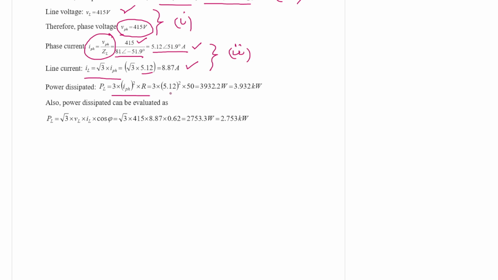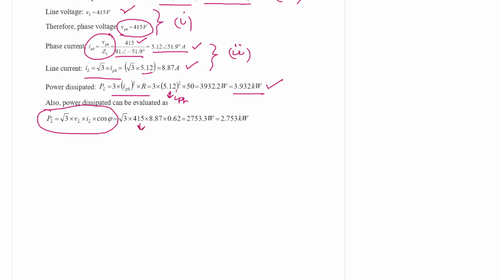In the same way, the power dissipated can be evaluated as 3 I square R, so 3 times I phase square and R is 50 ohm. If you solve, it comes to 3.932 kilowatt. We can get a similar result with the formula root 3 VL IL cos phi.